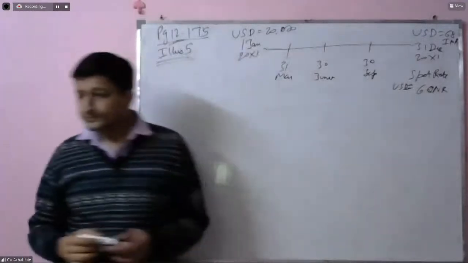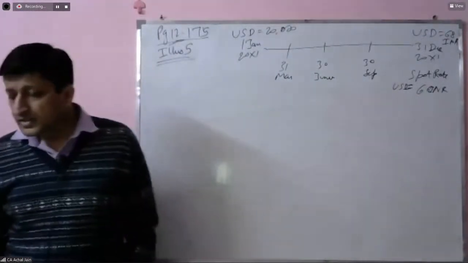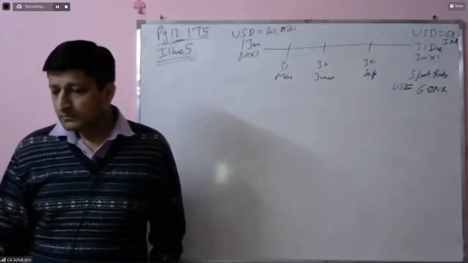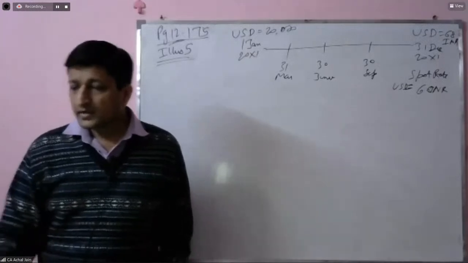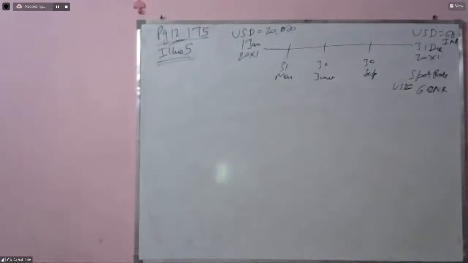Can you just start solving this on your own, all of you? Quickly, can you start solving this on your own? I will also start after a gap of 1 or 2 minutes. I'll just take a pause of 1 or 2 minutes so that you can start and then I'll start on this.